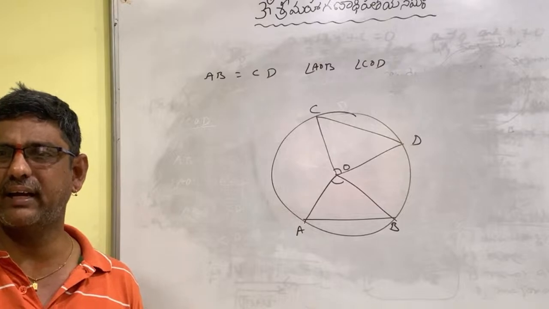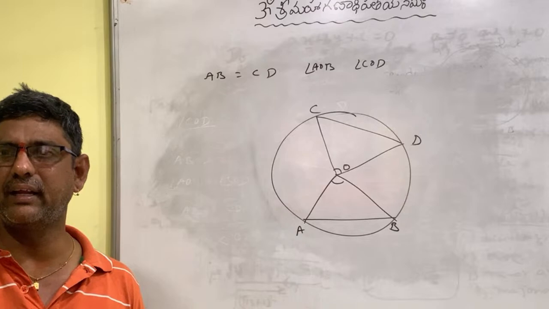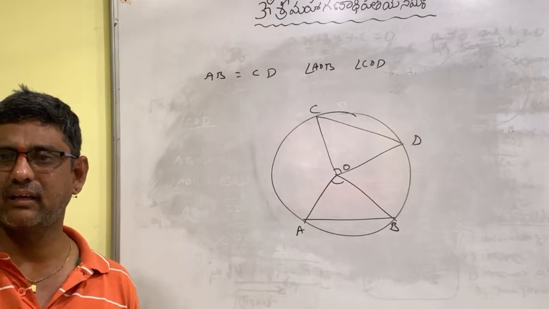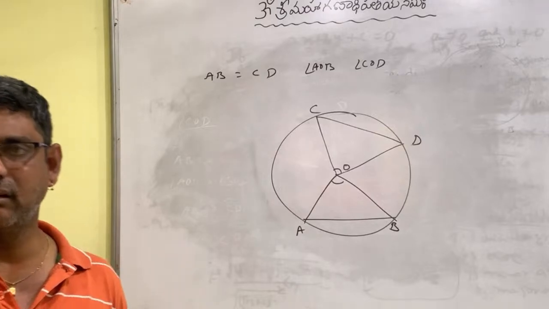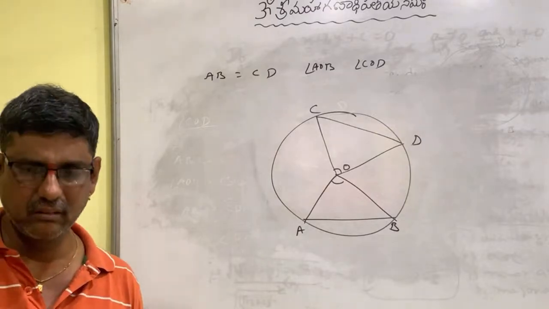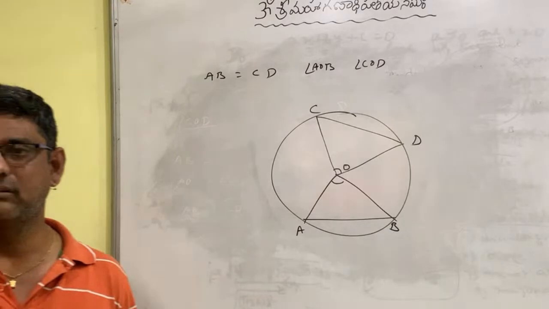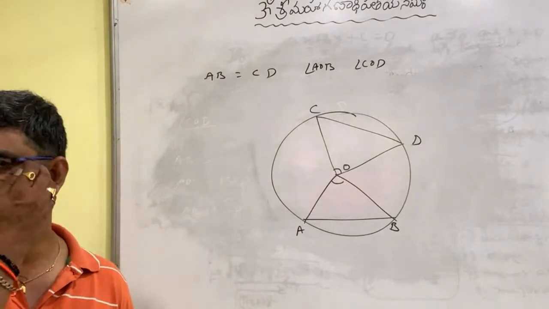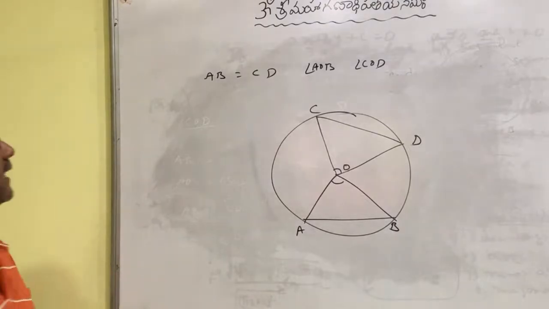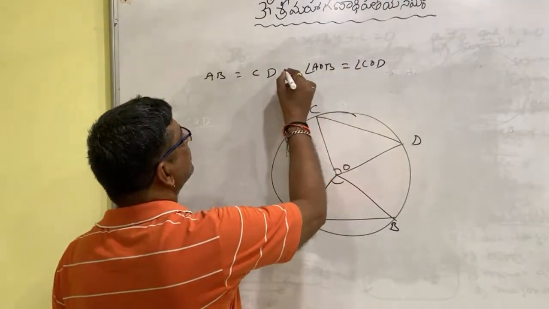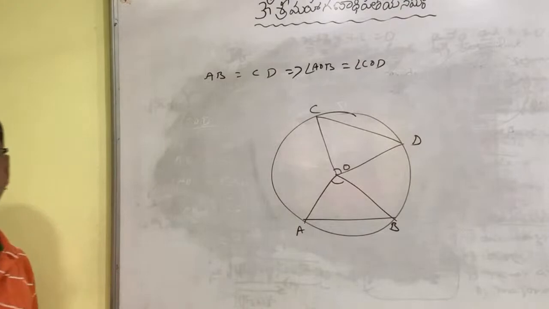Sir, the greatest angle produced by the longest chord is 180. Longest chord is the diameter, so 180 only. Here they are equal. Yes, both the angles are equal because the chords are equal.